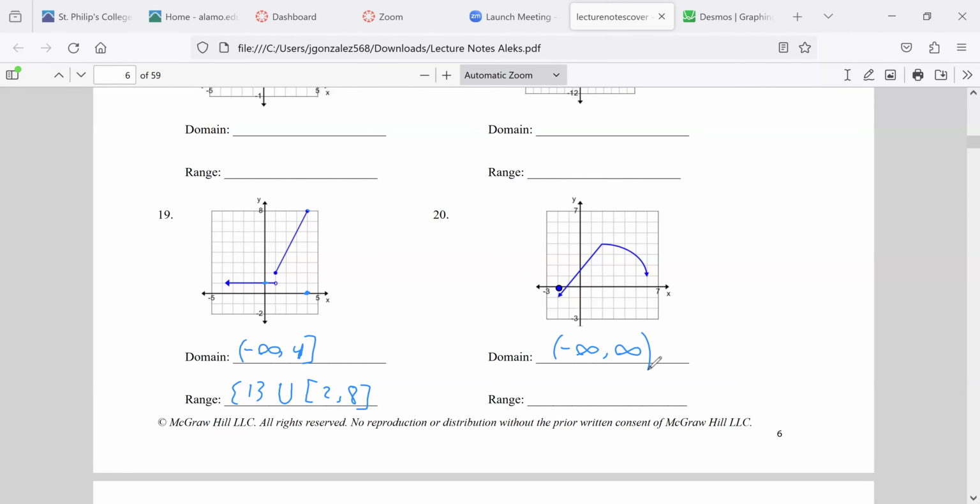As far as range though, it goes down forever, but it has the highest point, right? So it should be that. That doesn't mess anything up.